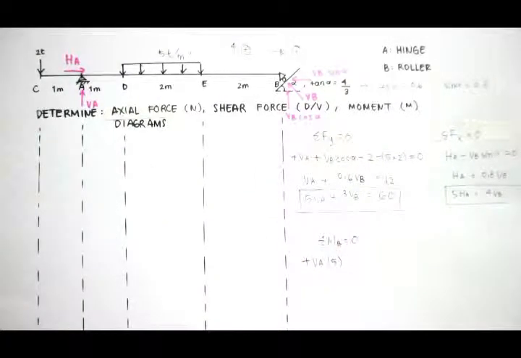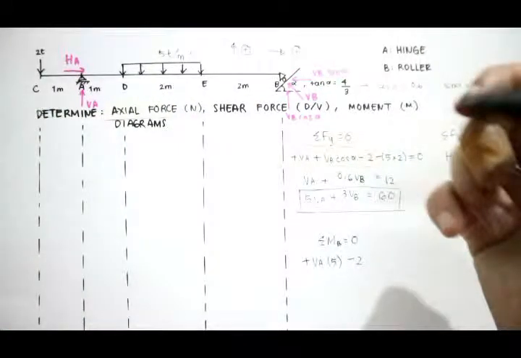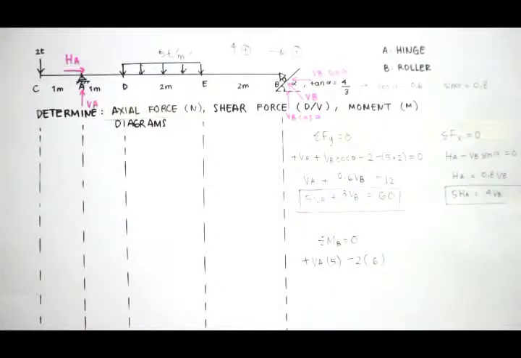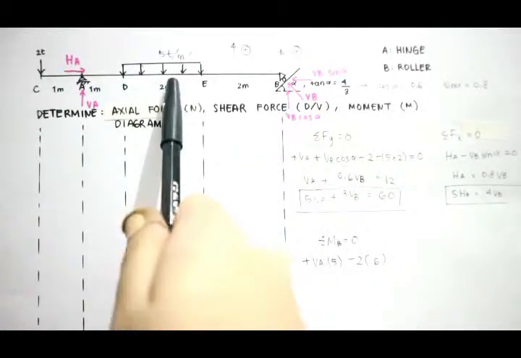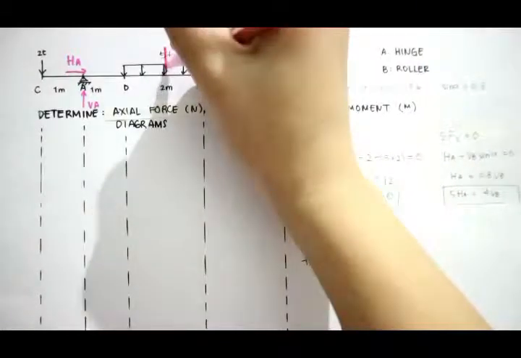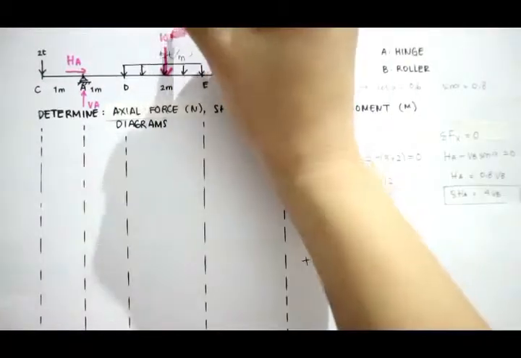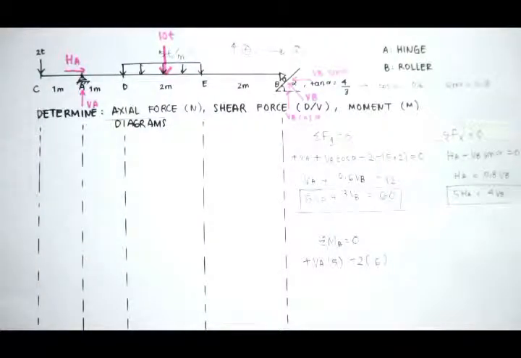Here I see my concentrated load of 2. It's going to be counterclockwise, so it's minus 2 times the distance, which is 1 plus 1 plus 2 plus 2. I still have this uniformly distributed load of 5. It has a concentrated load in the middle of 5 times 2, which is 10 tons, giving us 1 meter and 1 meter.